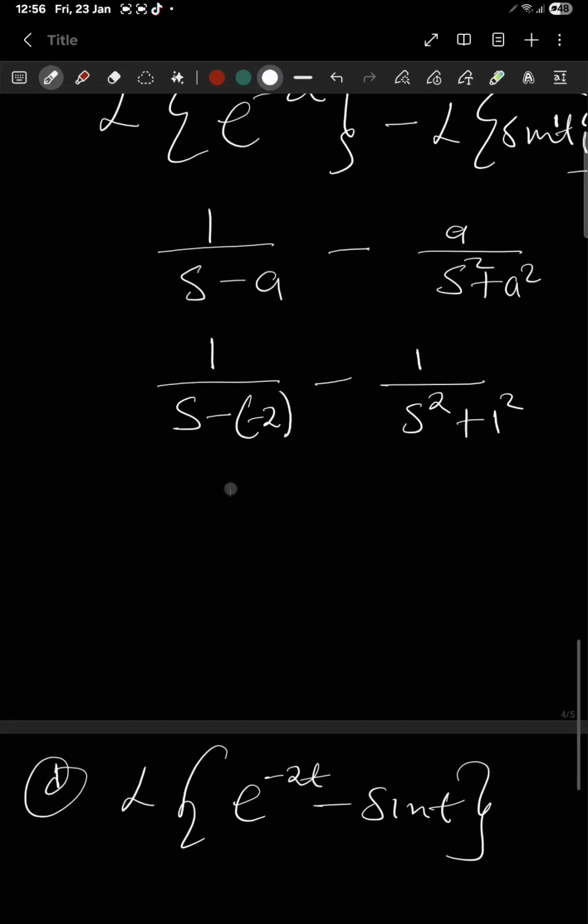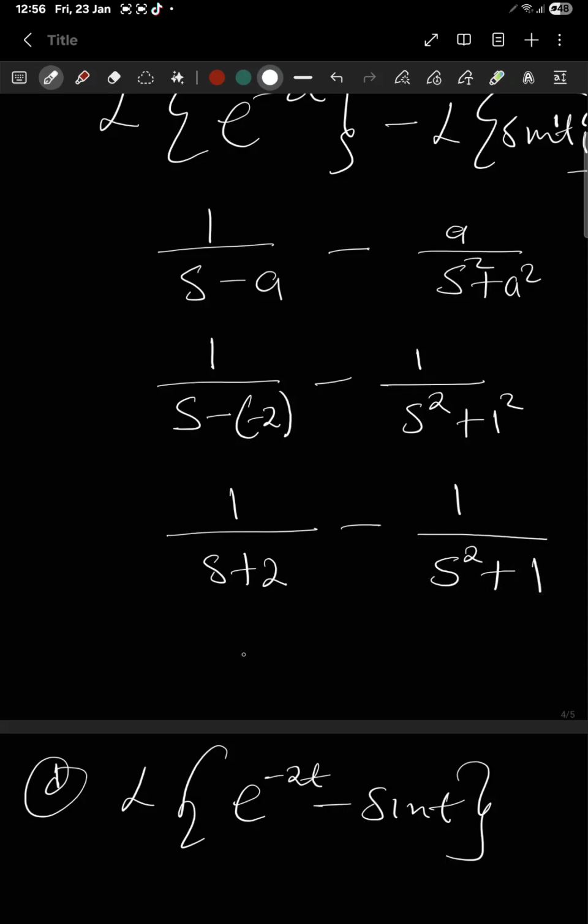Then from here we say this is 1 over s plus 2, minus 1 over s squared plus 1 squared, which is 1. So basically this is going to be our final answer. That's how you can get that one correct.